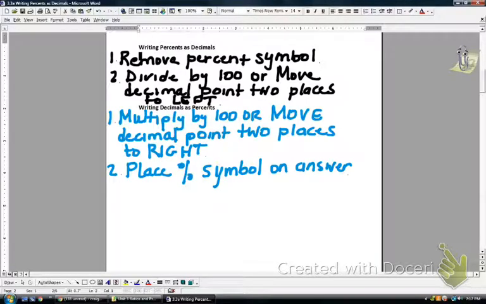Alright, so there's the algorithm written down. Multiply by 100, or move the decimal point 2 places to the right. Place the percent symbol on the answer. And it is really important to either remove the percent sign if you're writing a decimal, or put the percent sign on if it's a percent, because even though it seems like a minor thing, those answers are two very different things, like if you put the percent symbol on when you're not supposed to, or vice versa.